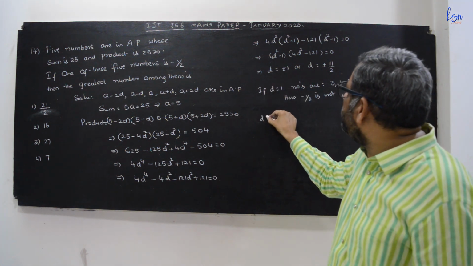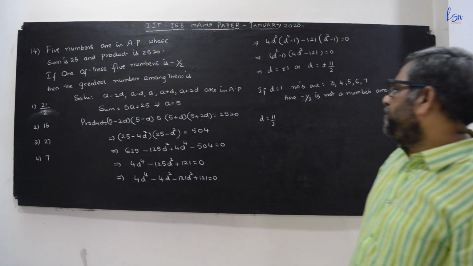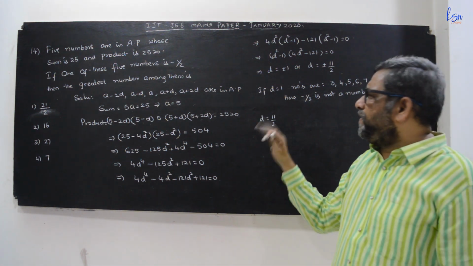So consider d is equal to 11 by 2. You can take minus 11 by 2, it will be giving the reverse order.